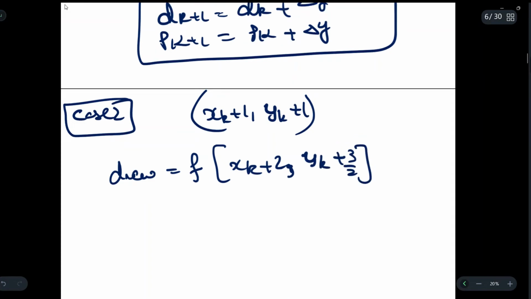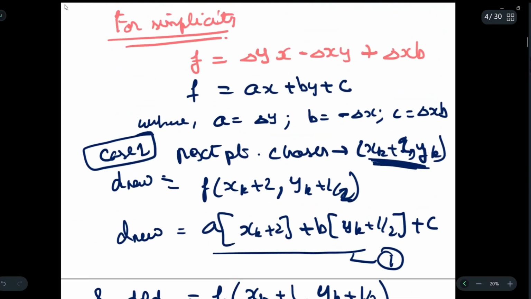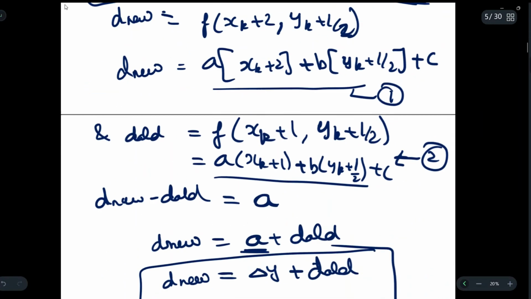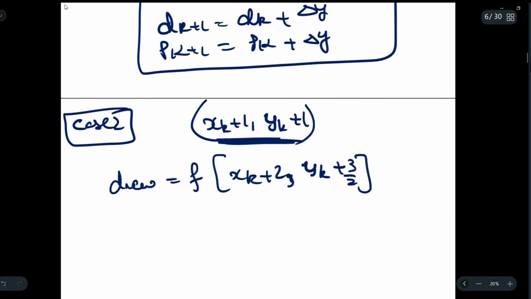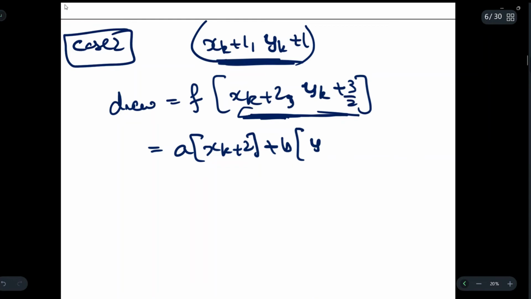We have simply substituted the new point into our d value. On substituting these values into the equation of f, we will get a into xk plus 2 plus b into yk plus 3 by 2 plus c.